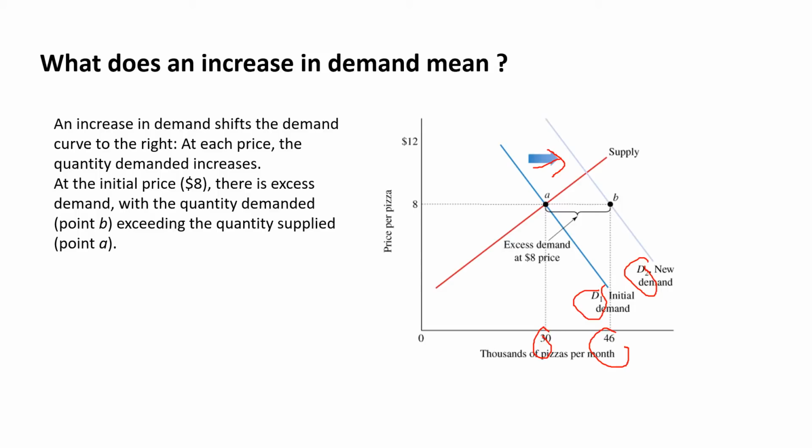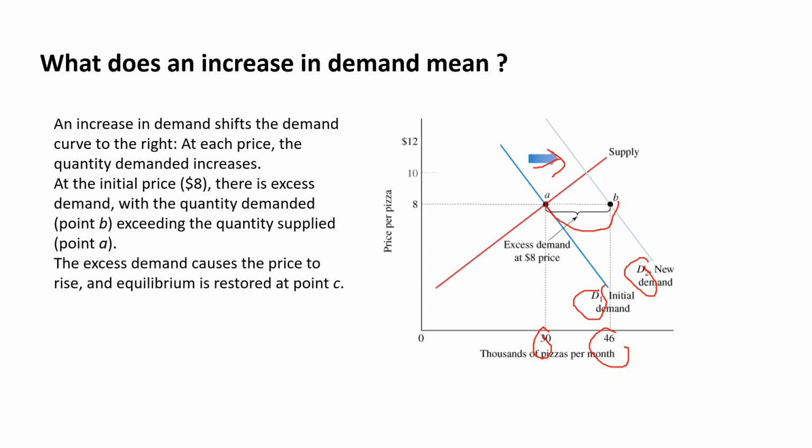From point A to B there is an increase in demand, and the quantity demanded at point B exceeds the quantity supplied at point A. The demand is for 46 products, and what is available in the market is only 30 products.